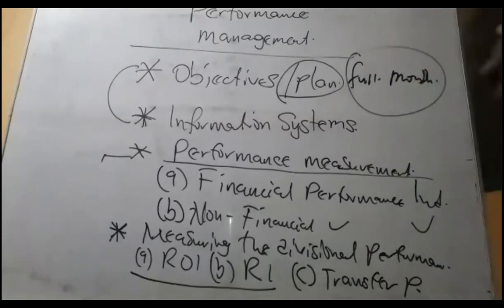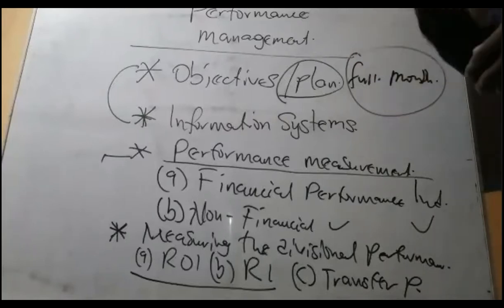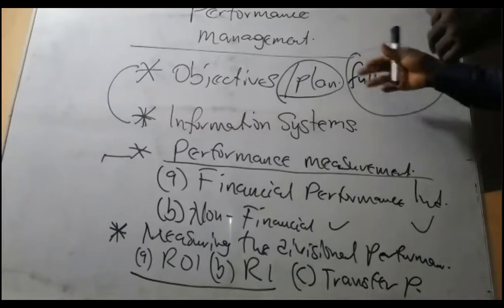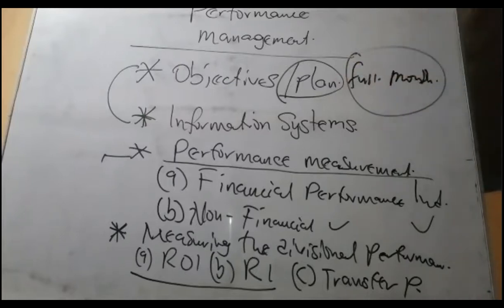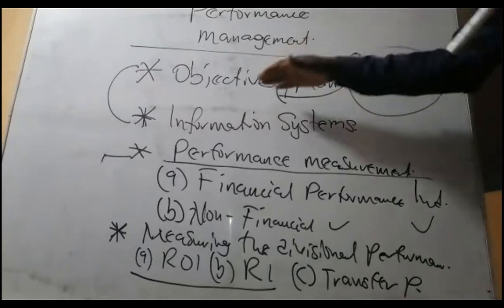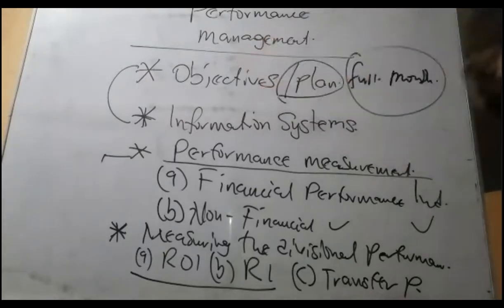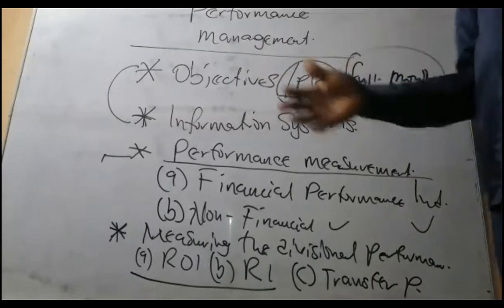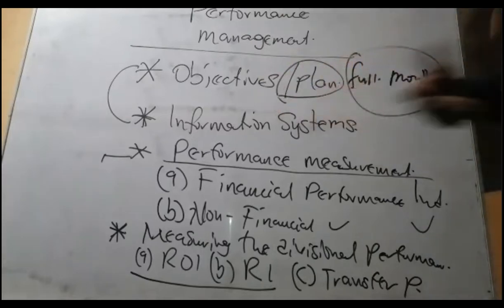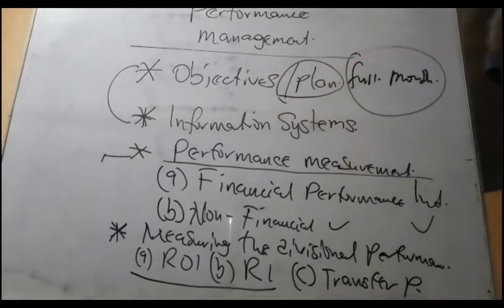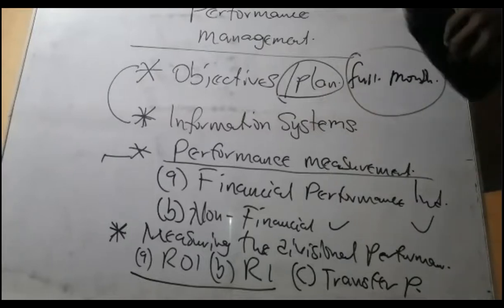COVID scattered things. So in fact, 2019 work was even far better than 2020. So the manager in question should not be held responsible if I'm measuring your performance. Why is it that the plan that we have set for ourselves, we've not been able to achieve that? That is the fairness of the performance measurement.